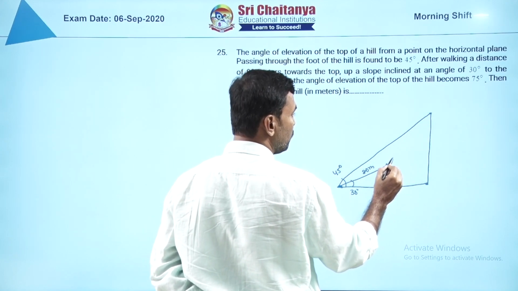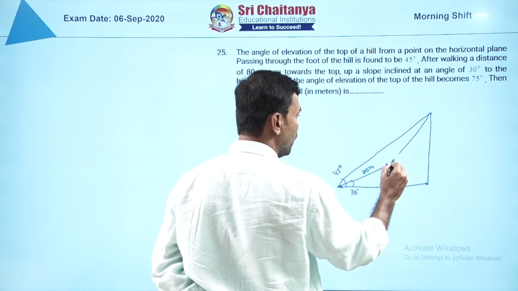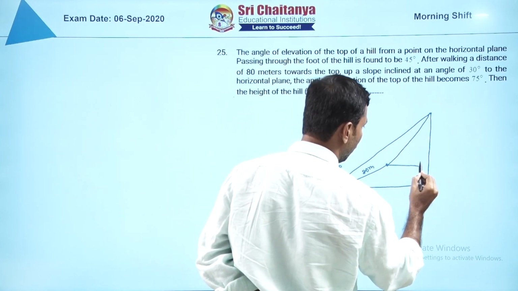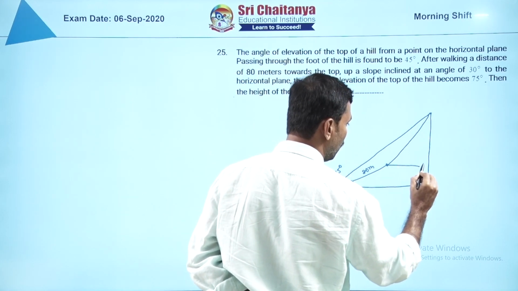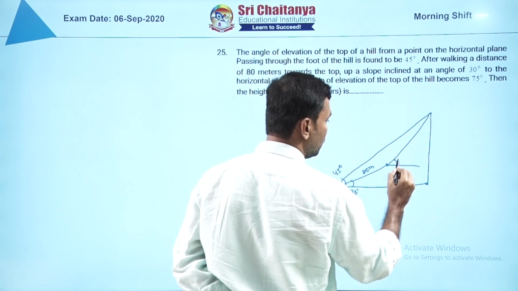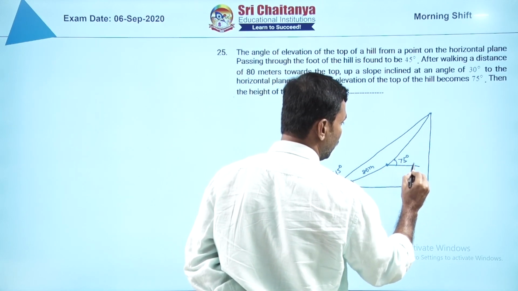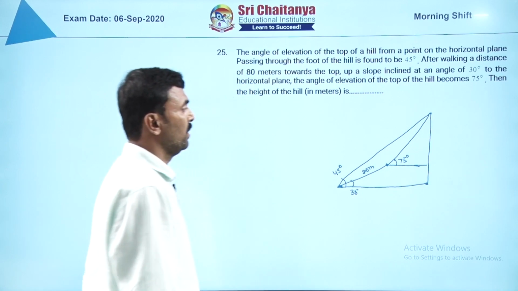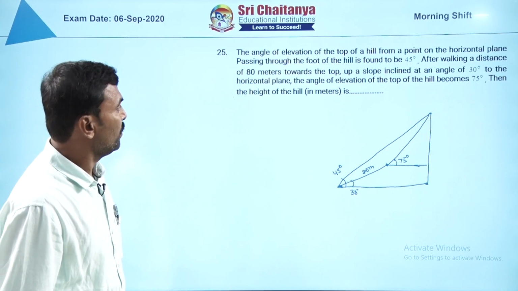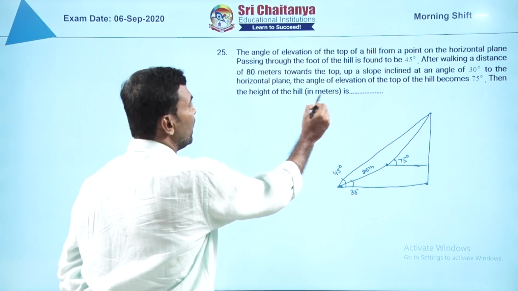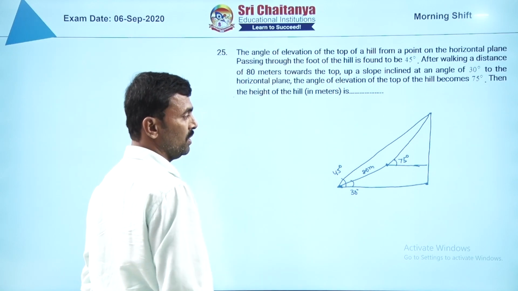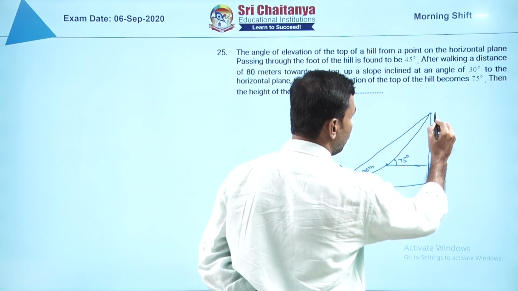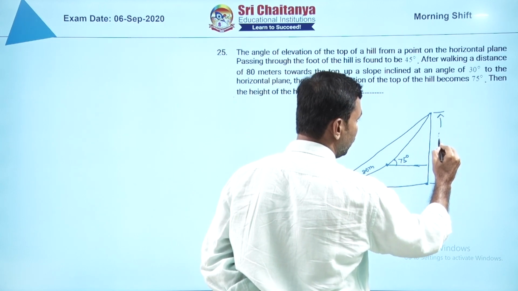From here he is observing the top of the hill, then the angle of elevation is 75. So, angle of elevation means I have to draw the horizontal and this is the angle of elevation 75 degrees. Then the height of the hill in meters is, so he is asking the height of the hill, let it be h.